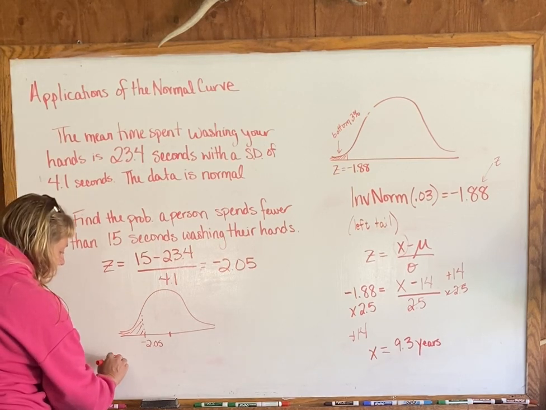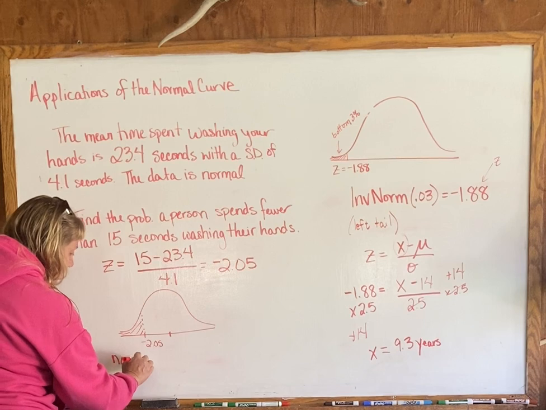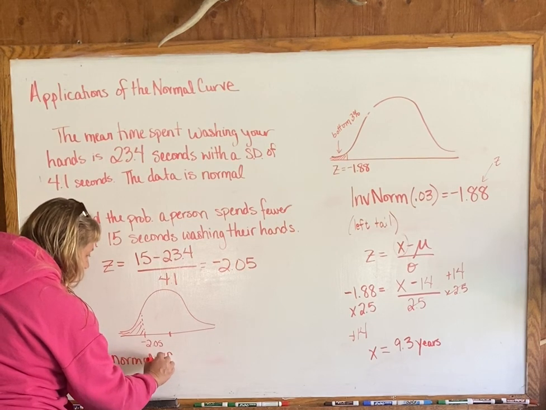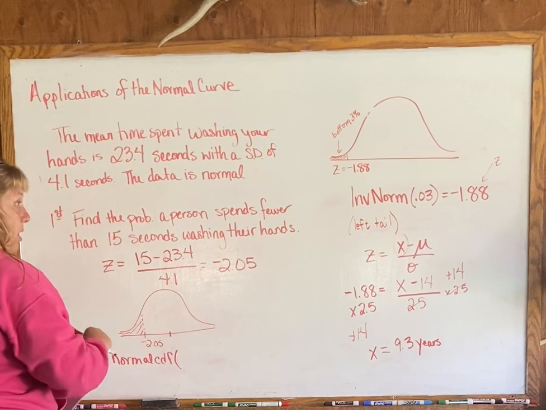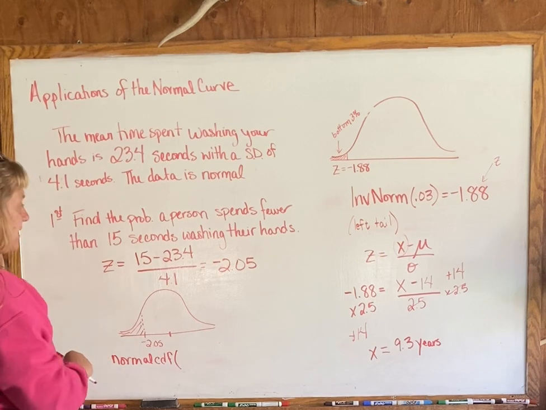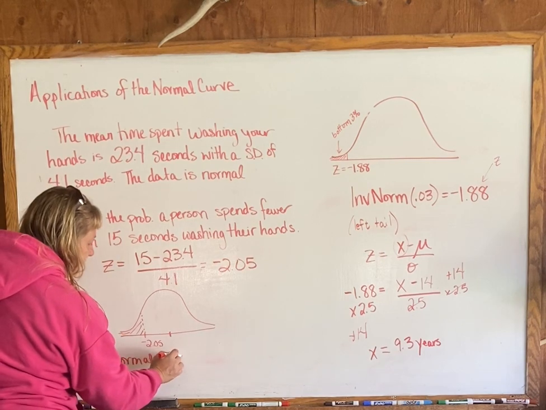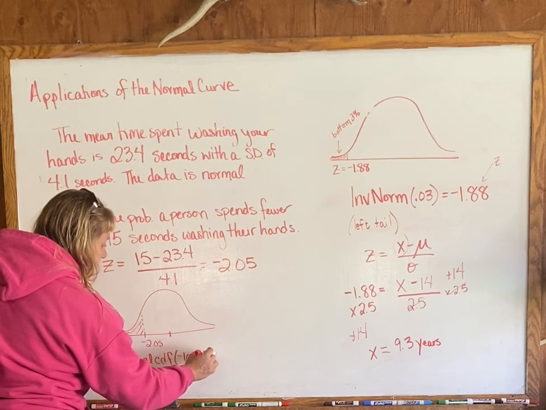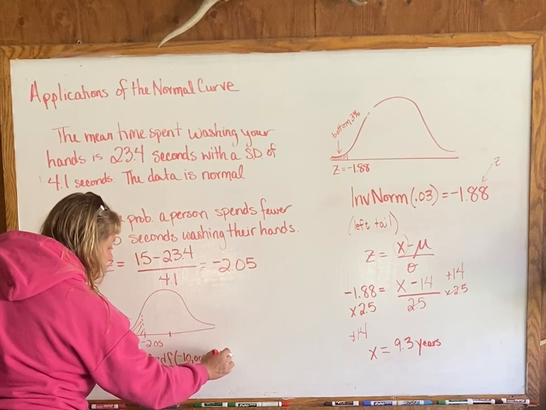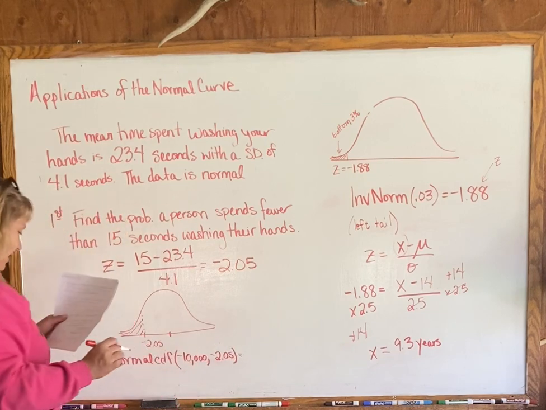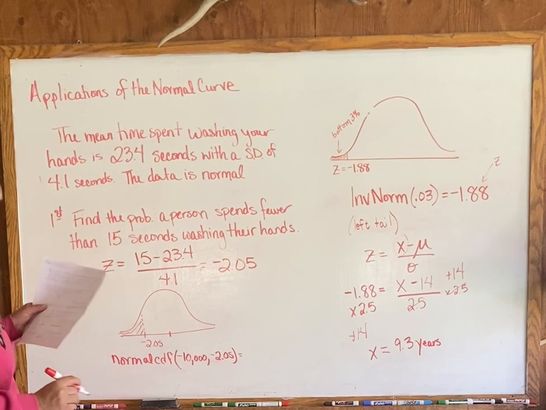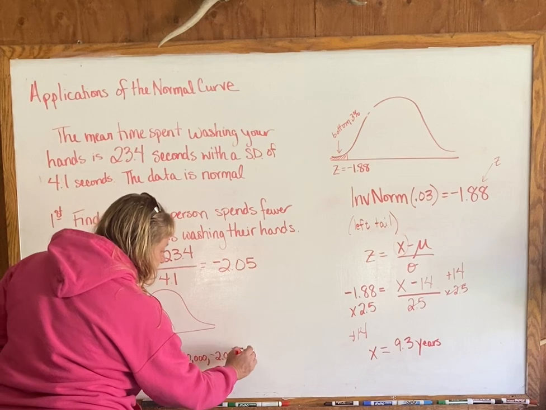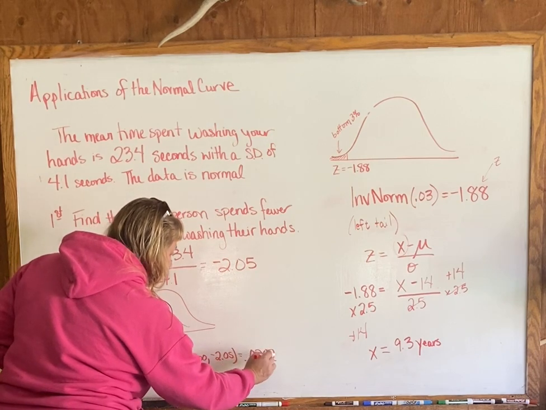So if you go to your calculator, again, we're going to use the normal CDF. But this time, our left boundary is going to be way off towards negative infinity, or negative 10,000, comma, negative 2.05. And this time, I got 0.0202.